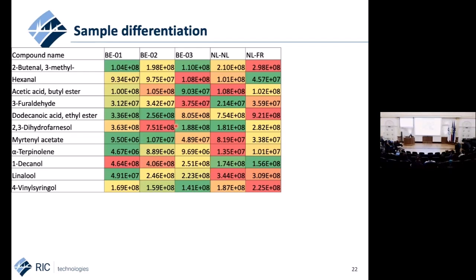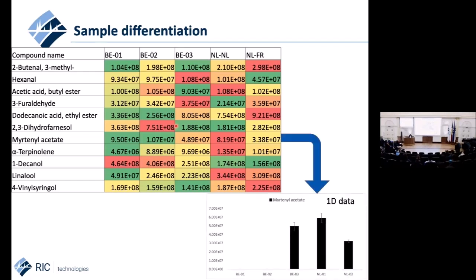But the very important thing is that 2 years ago, when we published our data, we proposed some markers for the different brands of Belgian and Dutch beer. Back then, we saw, for instance, that methyl acetate was most abundant in the Dutch beer from the Netherlands, and a little less in the other types of beer.